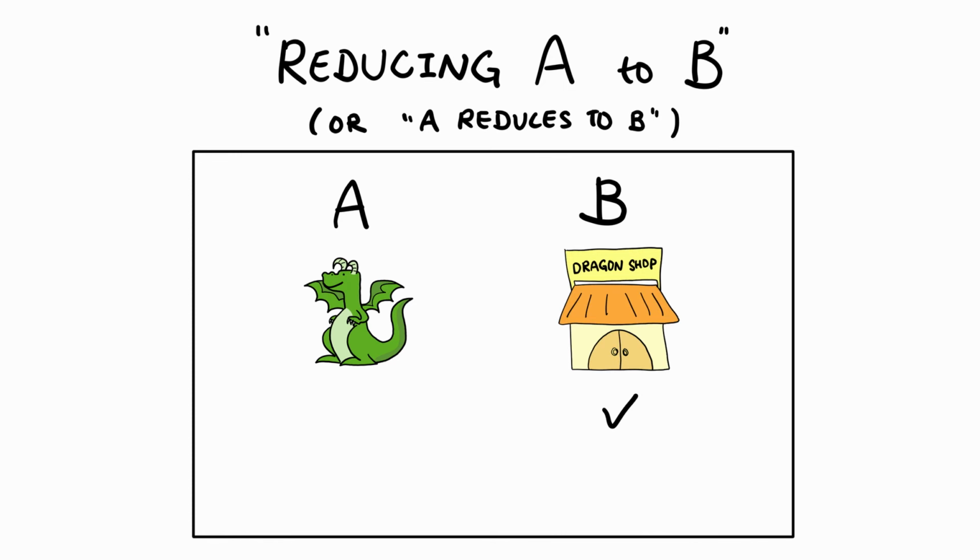And if we solve problem B, we can solve problem A. And if we cannot solve problem A, then we most definitely cannot solve problem B. This part is important for using reductions to show that a problem is unsolvable, or in terms of computability theory, undecidable.